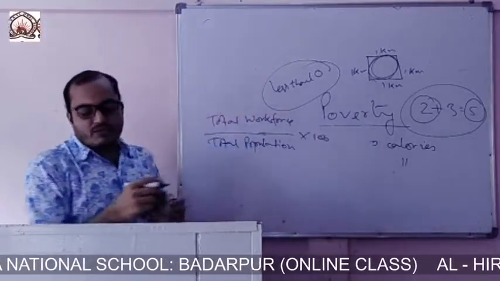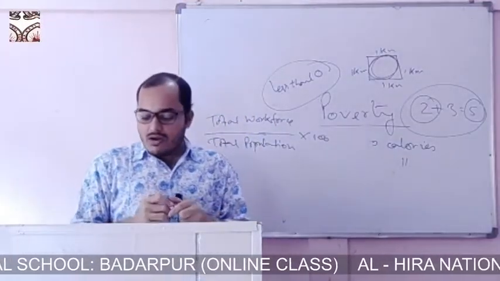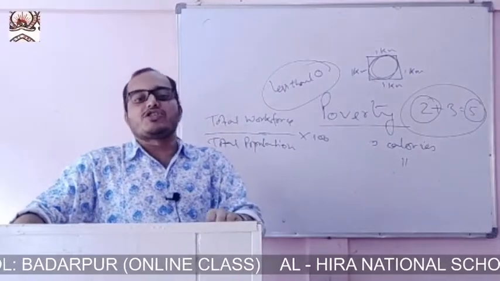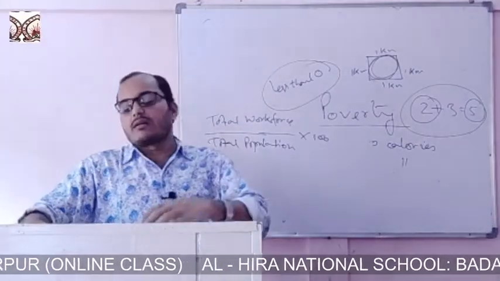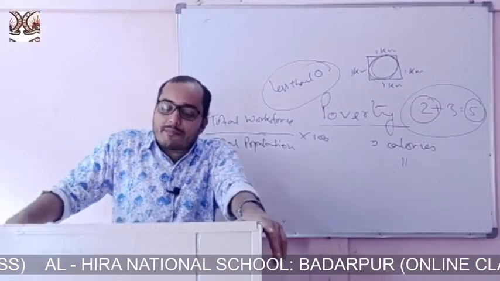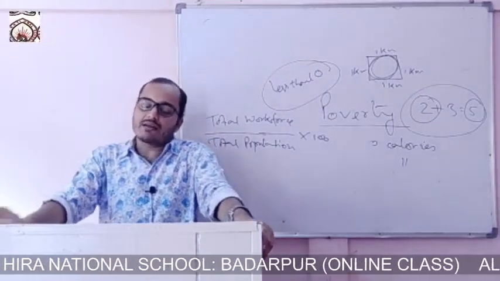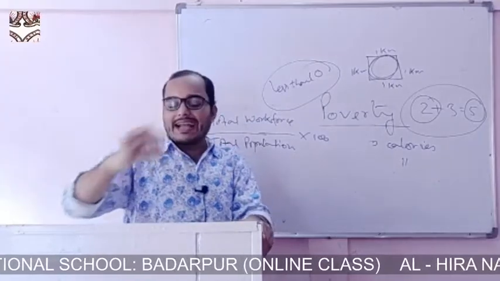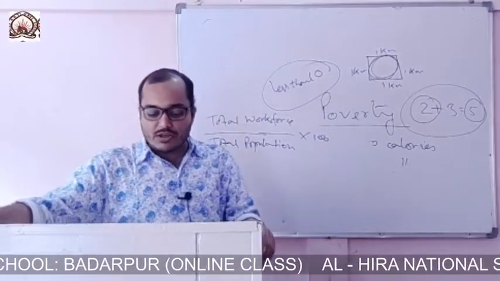This is the worker population ratio. By using this formula you can find that. Now the worker population ratio of India, one data is there in your book, that also you can see.